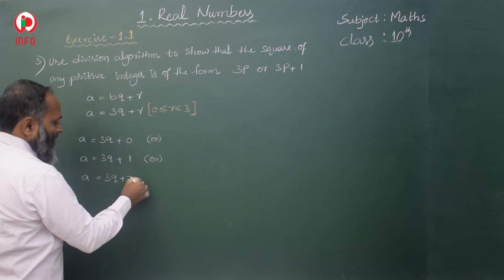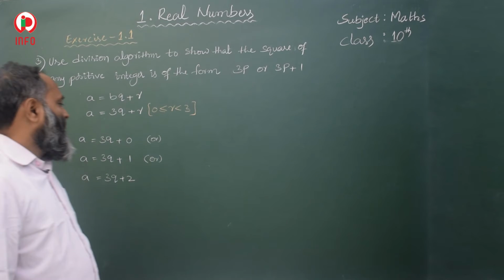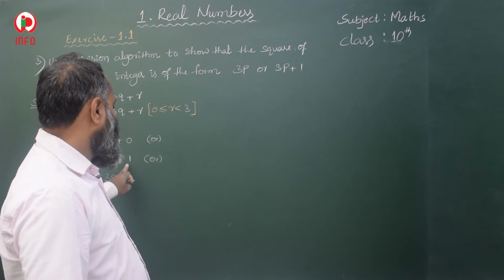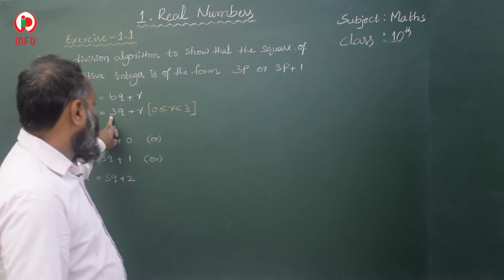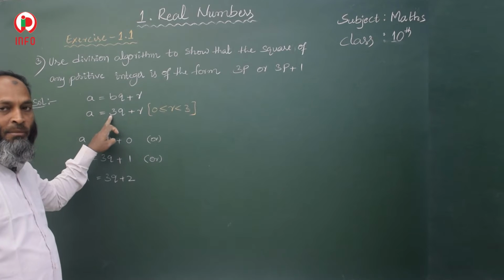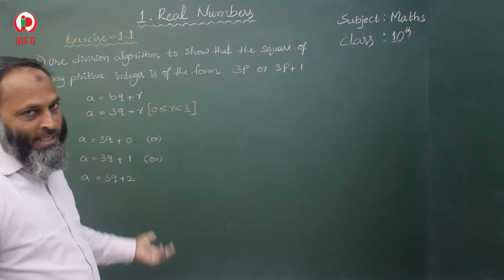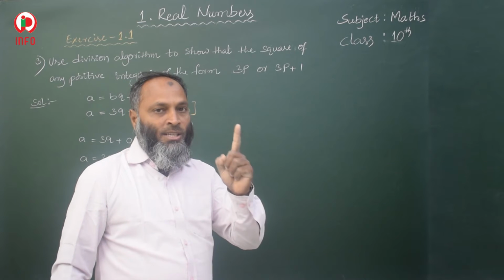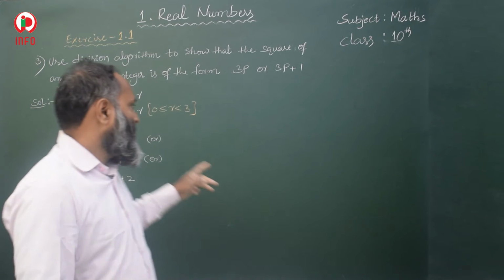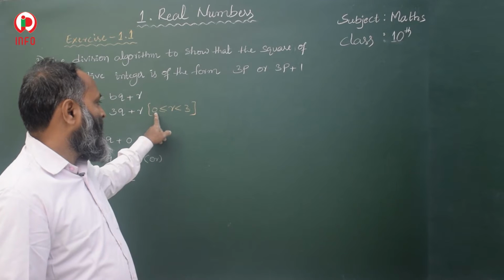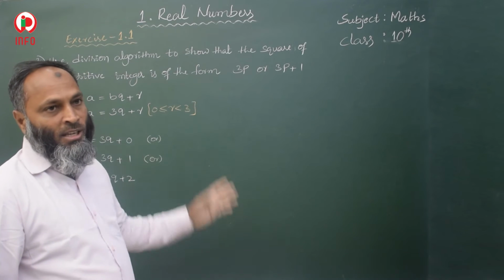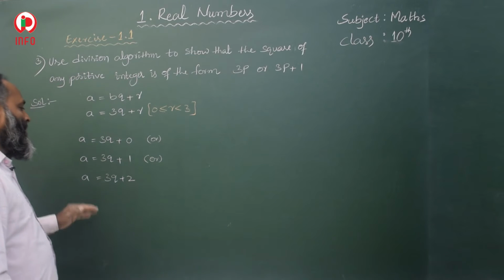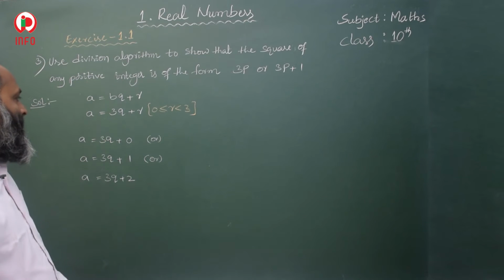So in these 3 remainders, any one remainder you can get. Why? When the divisor is 3, we will get 3 remainders, that is 0, 1, 2. It means 0 less than or equal to r less than 3, so from 0 to 2. Less than 3 means till 2.